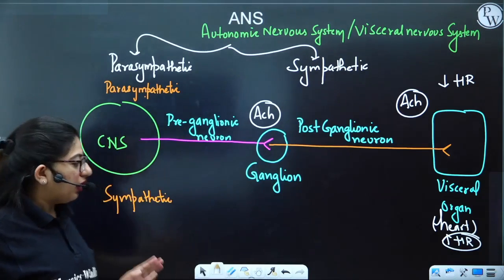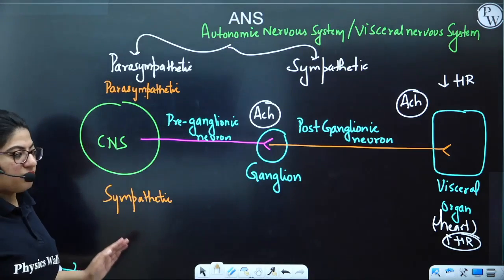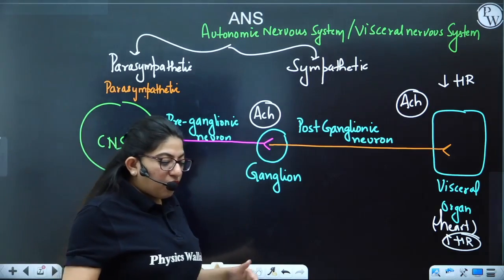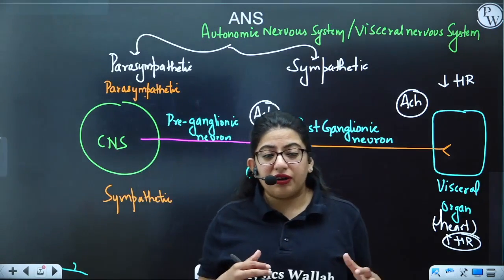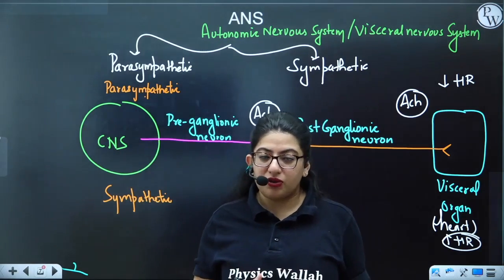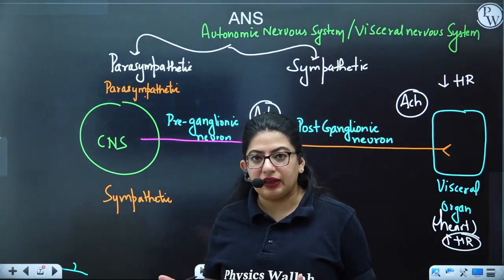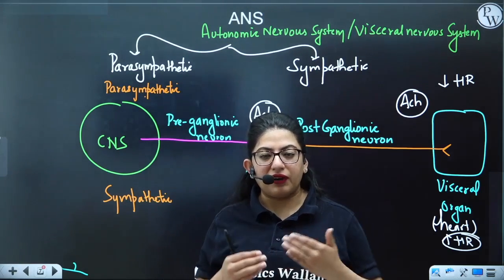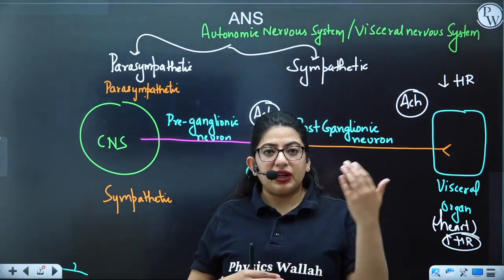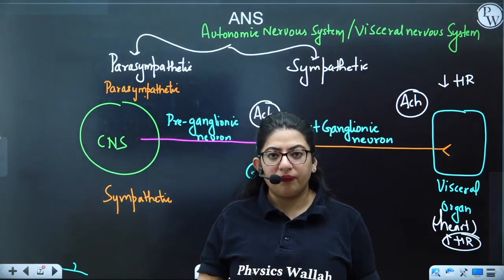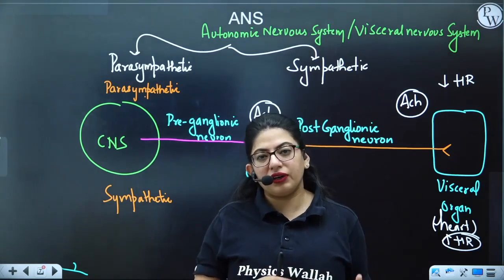Okay. Now if I have the sympathetic nervous system, for example my body is in a position where I have a flight and fight response. For example, I saw a snake, my body will react with a flight and fight response. There the sympathetic nervous system will switch on, and my heart rate will increase. How will it increase?